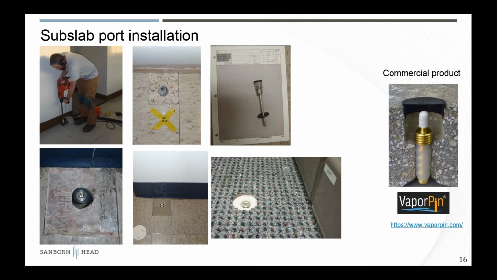And if you're doing it in carpeted areas, you can punch a hole through the carpet and cover that hole with the carpet circle later on. And if you just don't want to get involved with building your own subslab ports, there are commercial products available. This is the Vapor Pin, but it's installed the same way that this other port is installed.